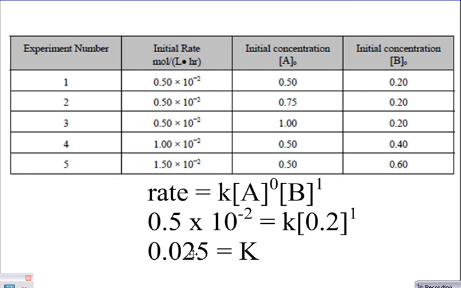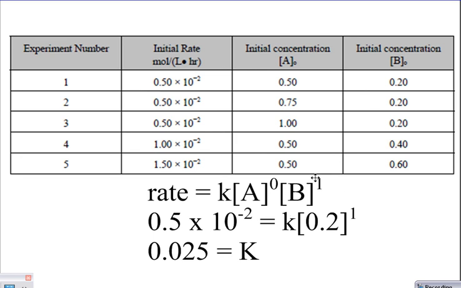The units are per the time unit. So in this case, it's going to be per hour, and then it's molarity to the 1 minus whatever the reaction order is.